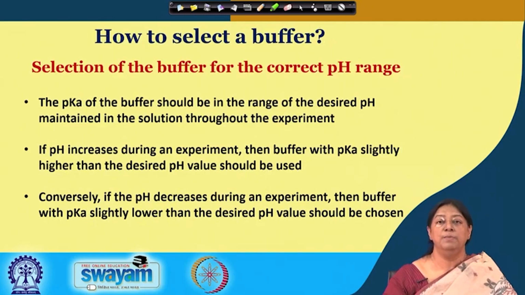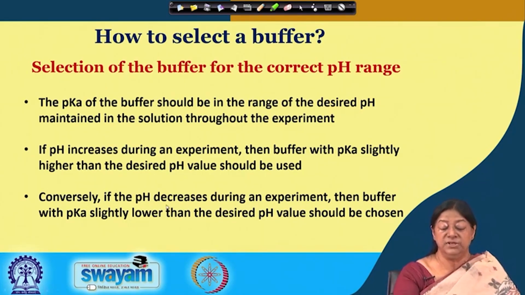Now, how would we go about selecting a specific buffer? First of all, the correct pH range at which we would want to do the experiment, a knowledge of that is required. So, the pKa of the buffer should be in the range of the desired pH maintained in the solution throughout the experiment. For example, if the experiment releases H plus ions, this means that during the experiment the pH is going to decrease.